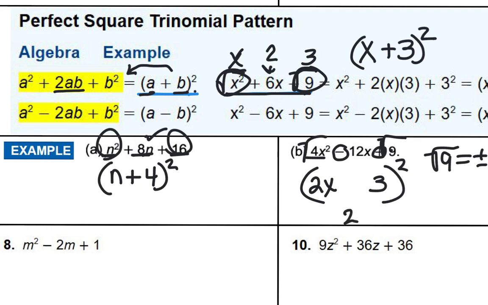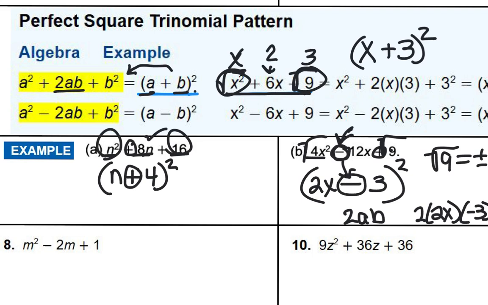So if my middle term has to be 2 times a times b, so that's 2 times a is 2x, and to get negative 12, I would have to multiply by negative 3. So that's going to make that minus. So what you need to look at, the sign for that middle term is going to be the sign here. Okay? If you notice, this was a plus. This is a plus. So if this is a minus, this is a minus.